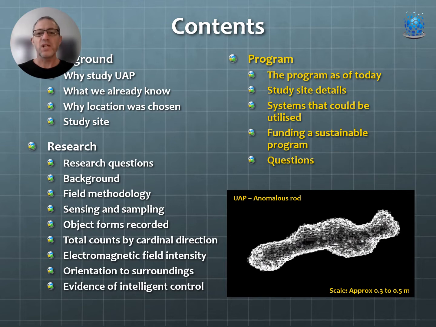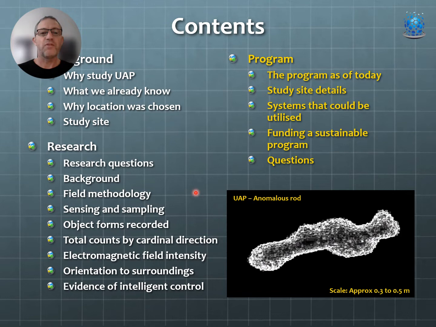In this presentation, in terms of contents, I really wanted to capture why study UAP, what we already know about UAPs, why the location was chosen, and a little bit of detail about the study site. And then in terms of key research pulled out of the 4 presentations, just as a high-level overview, looking at the research questions and the background to the study site and the hypothesis behind it.